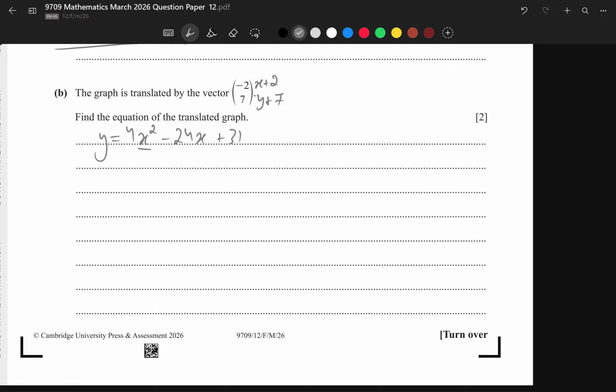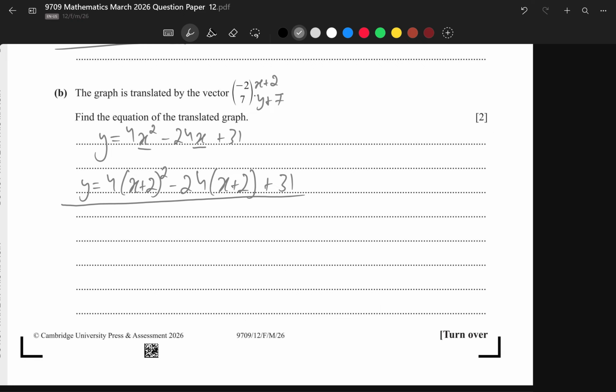Now for x, we simply put x plus 2. So y is equal to 4 times (x plus 2) whole squared minus 24 times (x plus 2) plus 31.